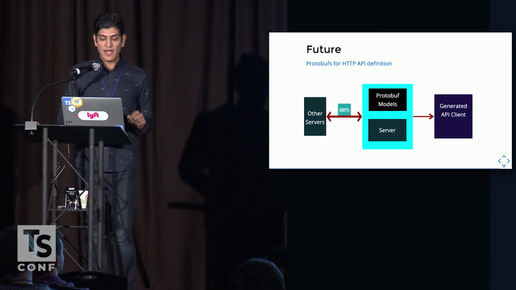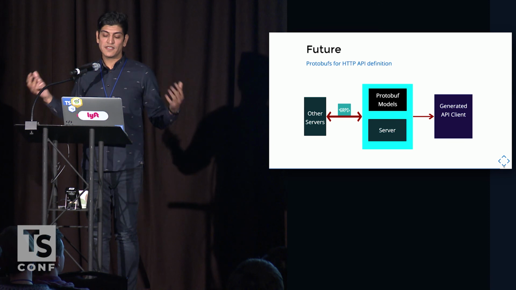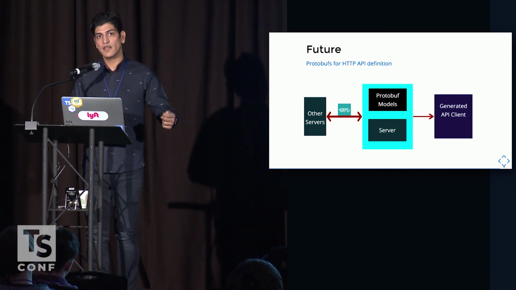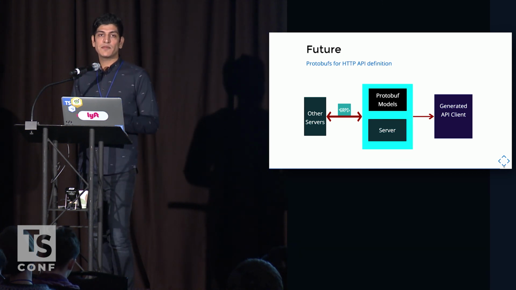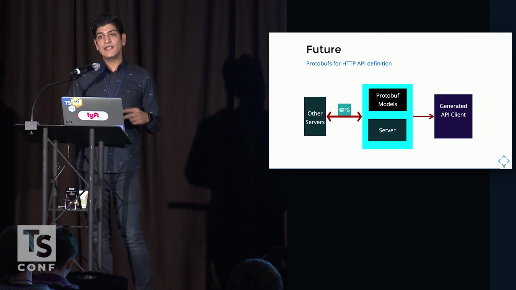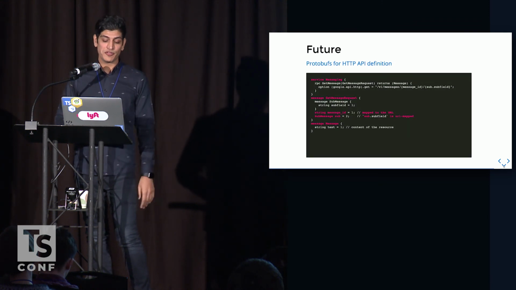You don't have to have server annotations for your API. Everything is described in that protobuf, even the server endpoints, like what operations are allowed. So this makes it much easier to maintain. Instead of having two places where your API is described, there's just one place, and that is the beautiful protobuf.